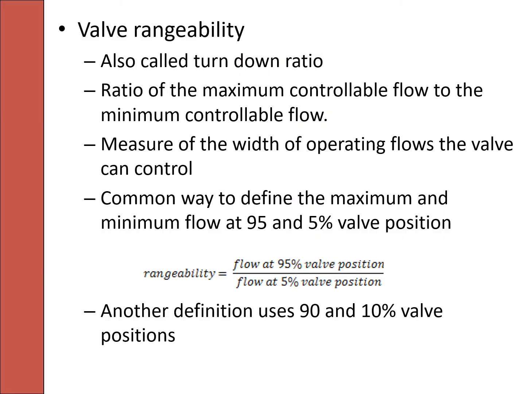For the valve, we also need to consider the valve rangeability. This rangeability is also called the turndown ratio. It is the ratio of the maximum controllable flow to the minimum controllable flow. So valve rangeability measures the width of operating flow the valve can control.